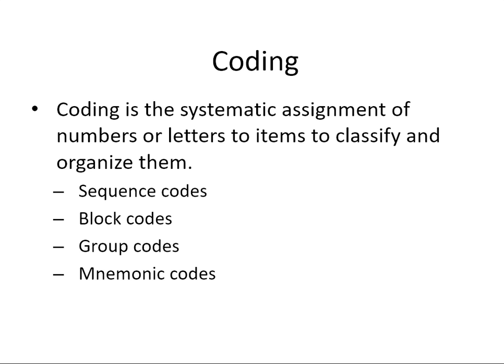We also have block codes. Again, in the chart of accounts, all the assets will start with 1, typically. This is block codes. We also have group codes. Group codes are often used in conjunction with block codes.